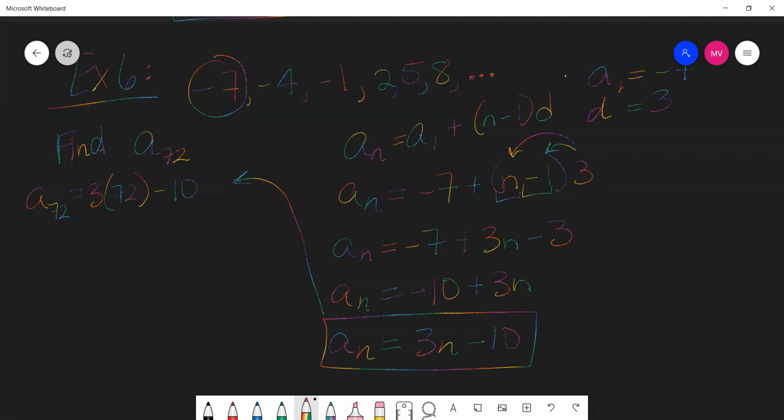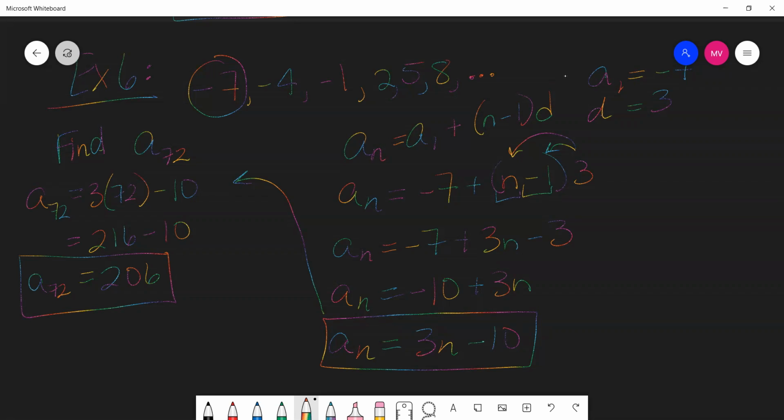Okay, so when you do that, you find that 3 times 72 is 216 minus 10. So the term at position 72 is 206. And so that's what they've done here in example 6.